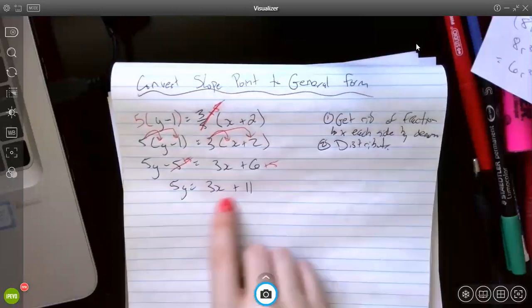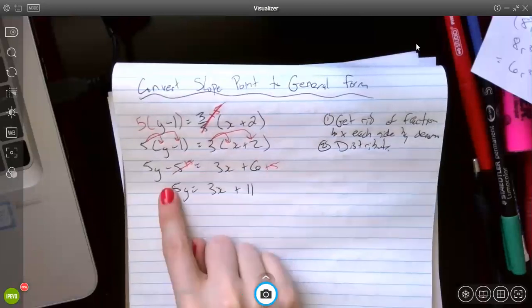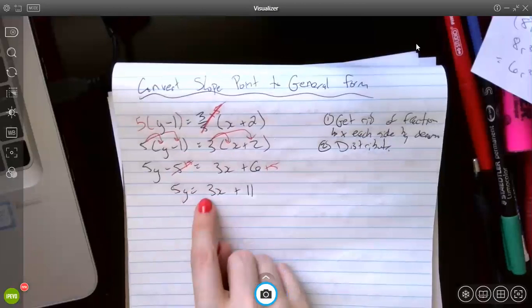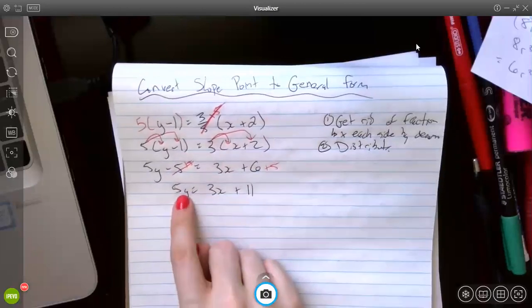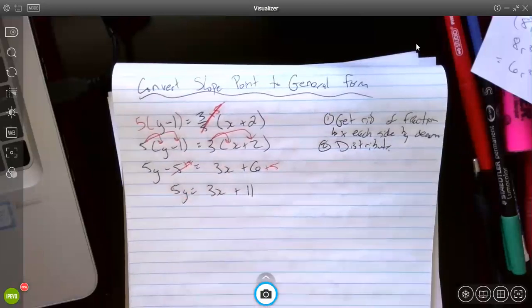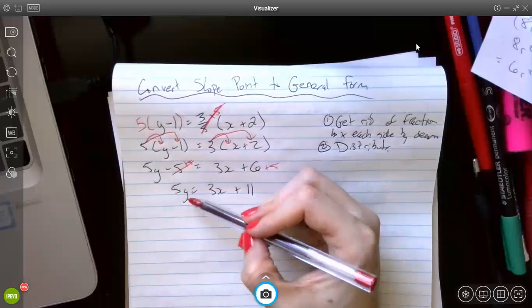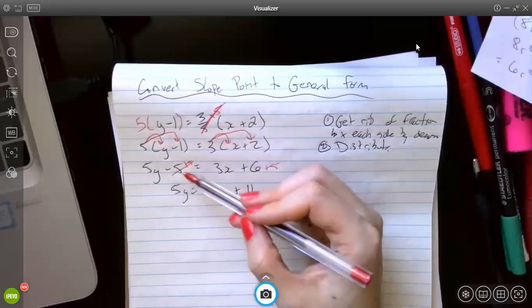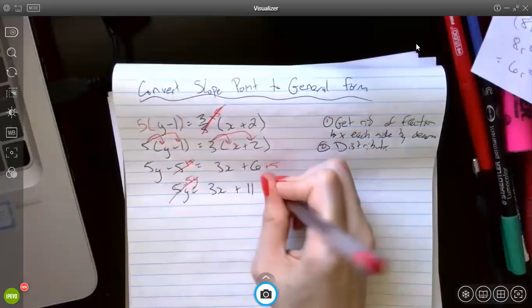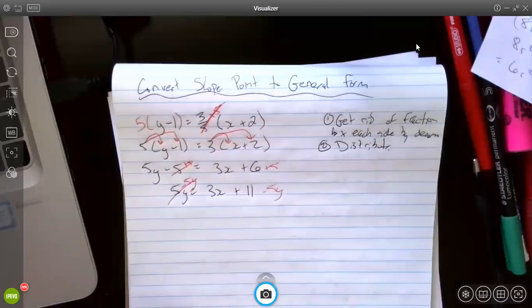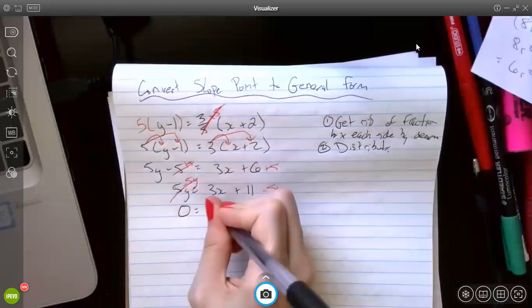Now, if I was converting this to slope intercept form, I would just divide everything by 5 to get the y by itself. But in general form, I don't want the y by itself. I want a 0 over here, which means instead of dividing the 5 away from the y, I am going to move the entire 5y, and I do that by subtracting it. That leaves me with a 0 on the left, 3x.